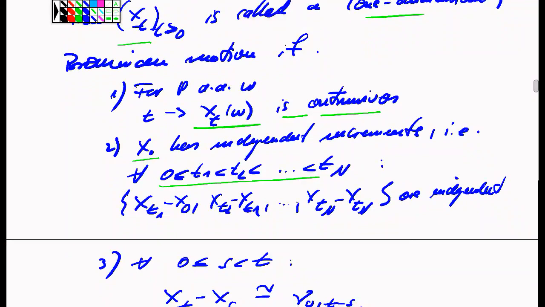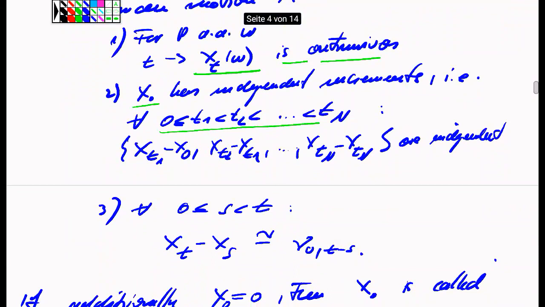And if you fix any finite collection of time points where you want to observe the process, then you can look at the different displacements that you observe in between the corresponding pairs of time points. This will be a sequence of, in this case, n plus 1 random variables, and you want these to be independent random variables.